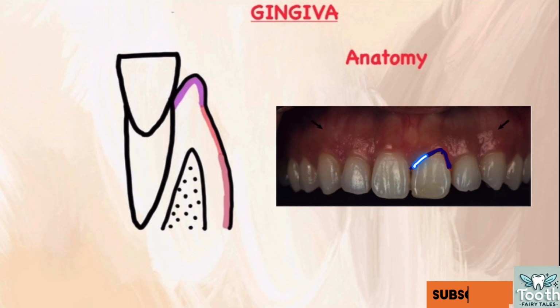So this is the gingival zenith and this is the gingival margin. To measure this, you have to imagine a vertical line passing through the tooth long axis, so the center of the gingival margin is located. From this center, you have to note the gingival zenith position, whether it is above this line or below this line.